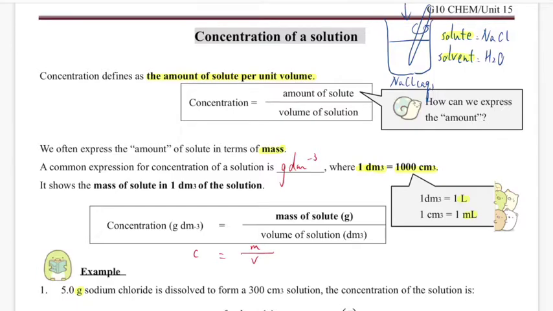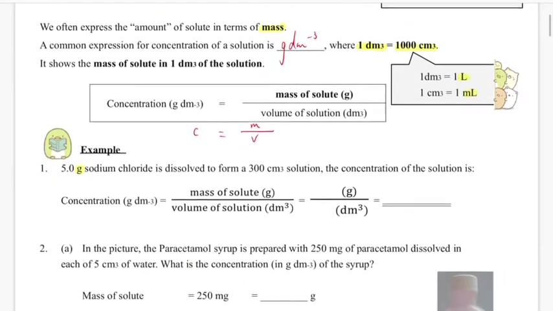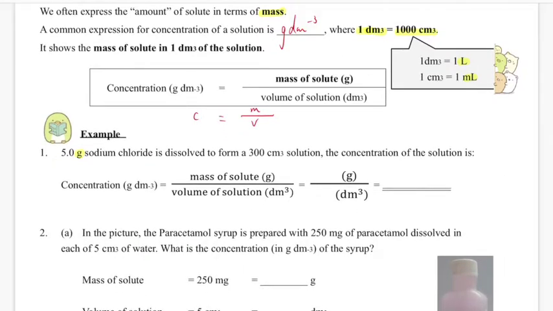So let's take a look at how we can apply this formula to find the concentration. In this unit, when you're reading the question, please use a highlight pen to highlight the unit, because sometimes it can remind you to convert the unit before you do the calculation.